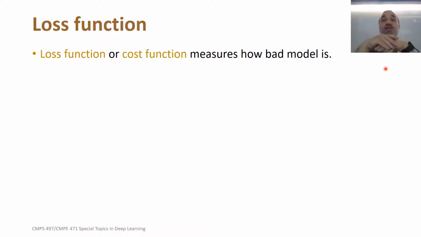Now, in order to measure how good the model is when we do the training, we will use what we call the loss function. We also call it cost function or error function. You can think of it as measuring how far the predicted values of the model are from the actual values that we should get.